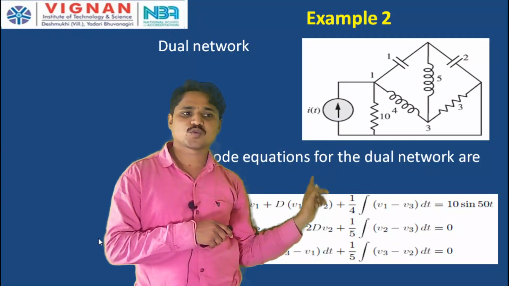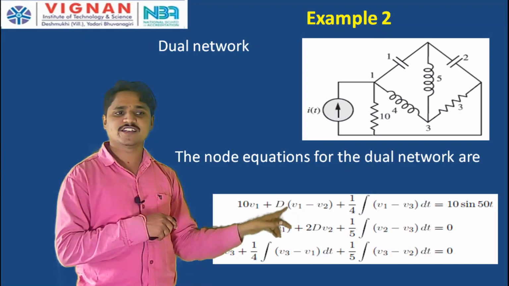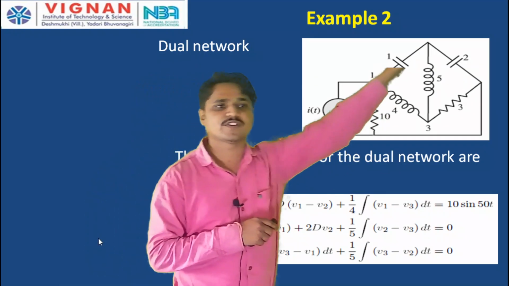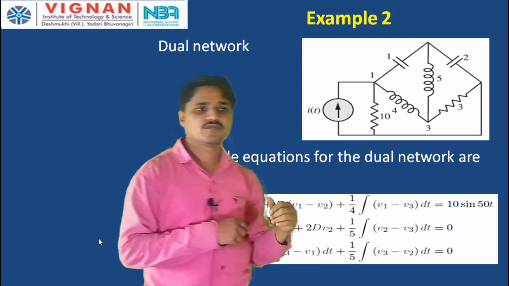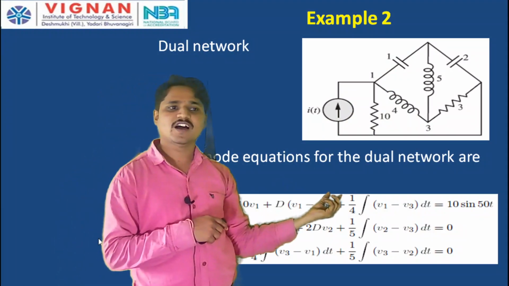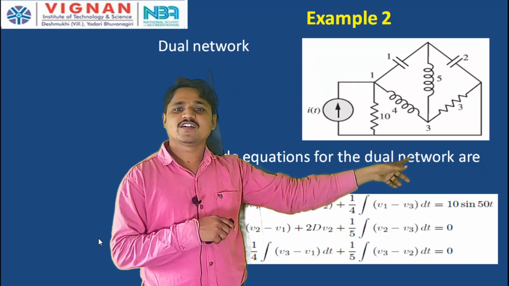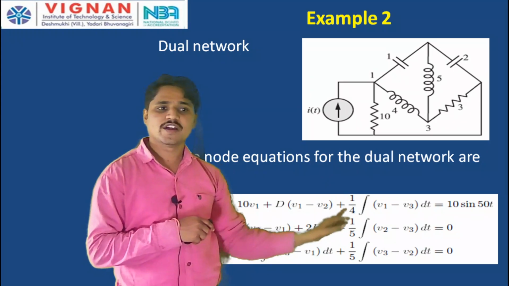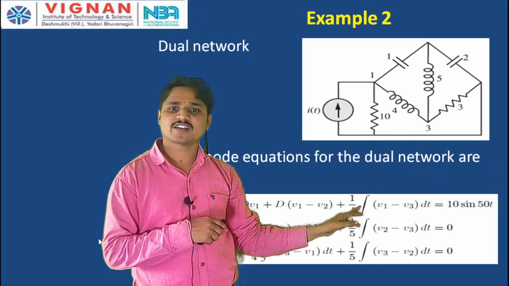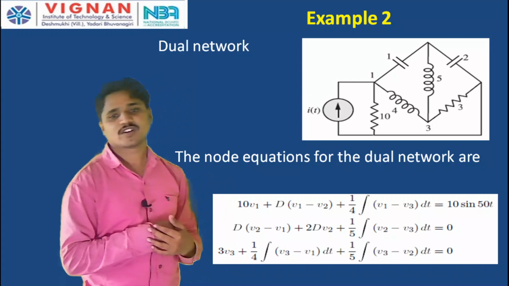C is 1, so 1 into d by dt of (V1 minus V2), the potential difference with the second node, plus the current flowing through the inductor, 1 by L into the integral of V dt. Therefore, 1/4 into the integral of (V1 minus V3) dt, because this inductor is connected between node 1 and node 3, is equal to 10 sin 50t.